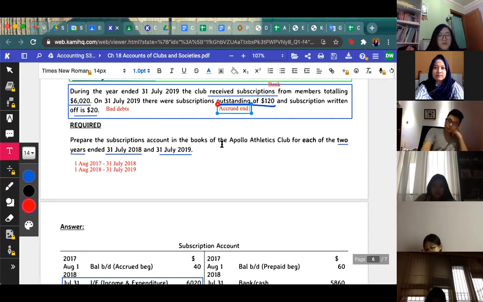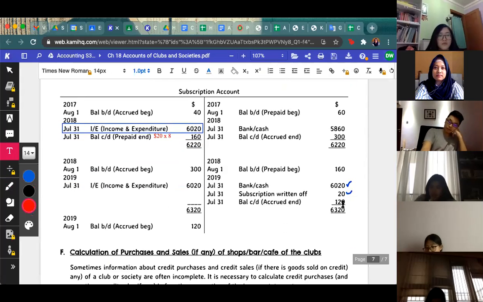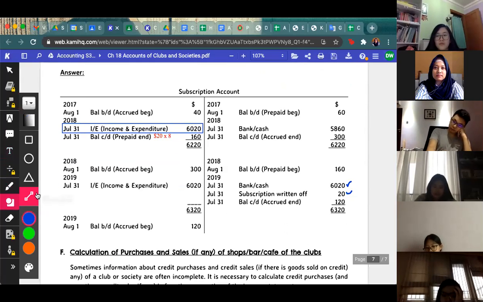Accrued at the end is 120, then you put 120 as accrued at the end, but you don't have information on prepaid at the end. So what should you do? Just leave it. You don't have to try to find something that does not exist. So you don't bother if there is no prepaid at the end.